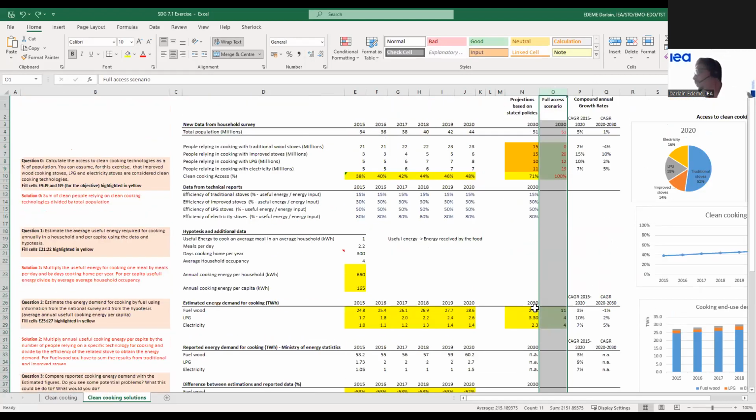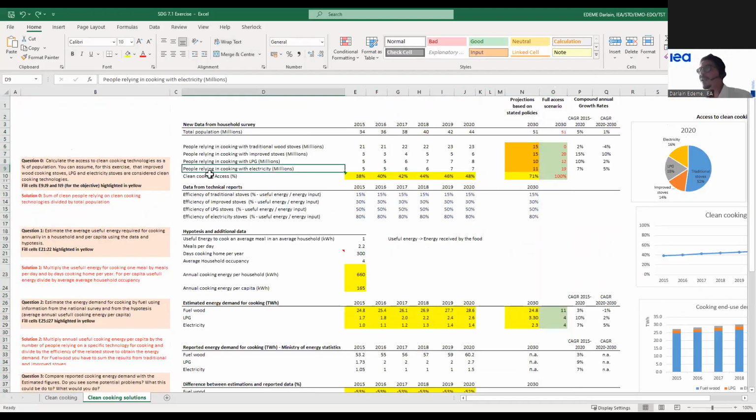To do that, you first need to know how many people will be relying on electricity for cooking. Since this scenario takes into account full access, you have to put 0 for people relying on traditional wood stoves, because we already said that this is not clean.